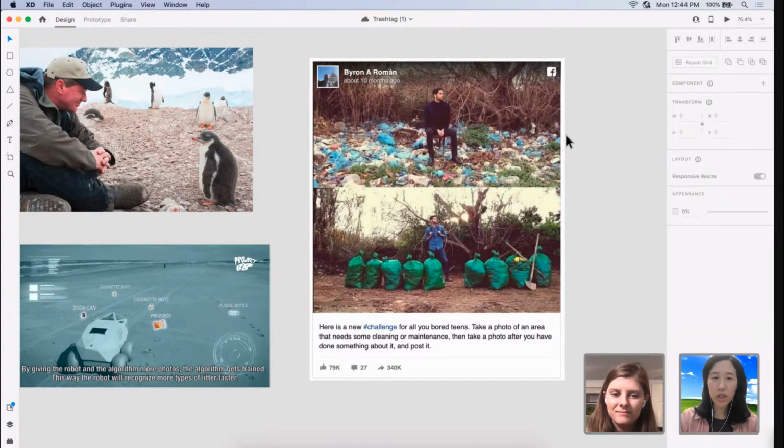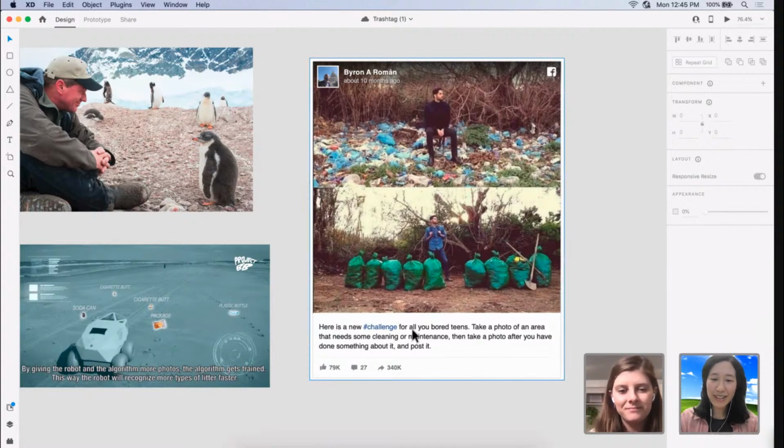When I heard about the Trashtag Challenge, it was actually a guy that went out to his local neighborhood. He saw that there was a lot of litter and trash everywhere, and he took it upon himself to clean it up. After he did, he posted a before and after picture on Facebook. Then he started this challenge, saying, bored teens, go out, take a photo of some area that needs cleaning or maintenance, then take a photo after you've done something about it and post it.